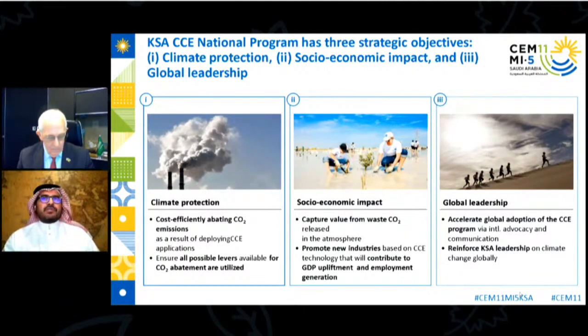And for us in Saudi, concurrently with the presidency of the G20, we place a lot of emphasis on global leadership, and so we're looking to continue the dialogue, continue the discussion around CCE, and hopefully set the examples when it comes to CCE to reinforce our leadership in climate change globally. Next slide.